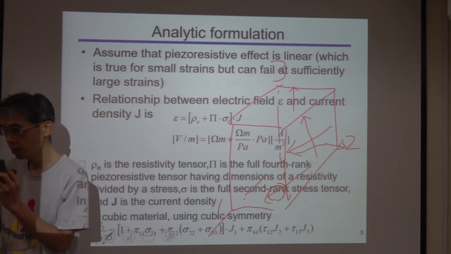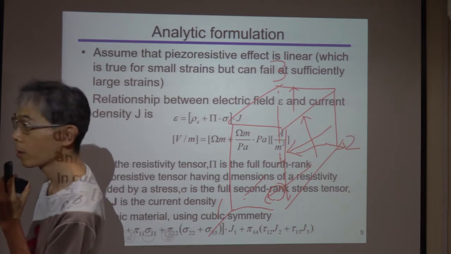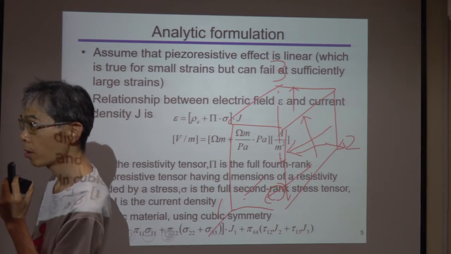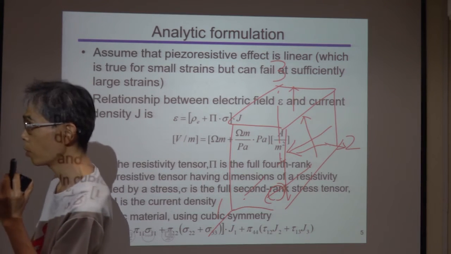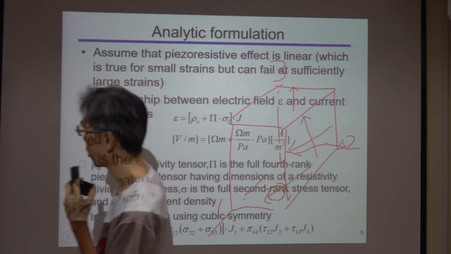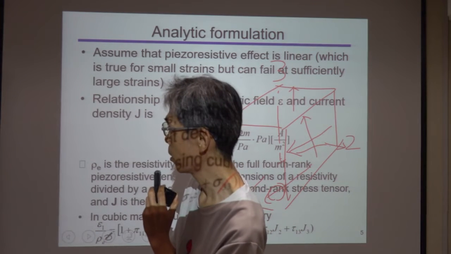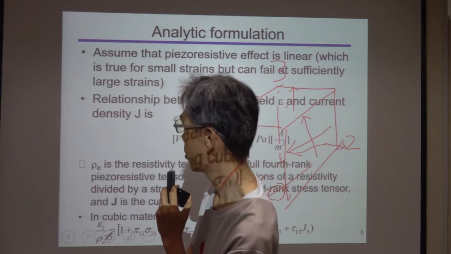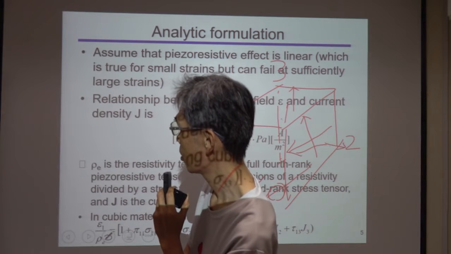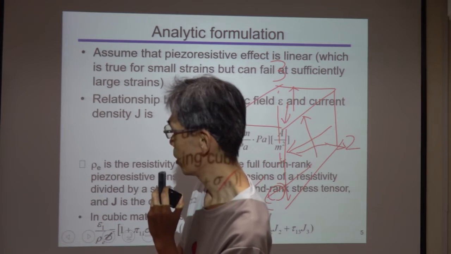Draw tau 3, 1. Tau 3, 1. No? Outside. Tau 3, 1.